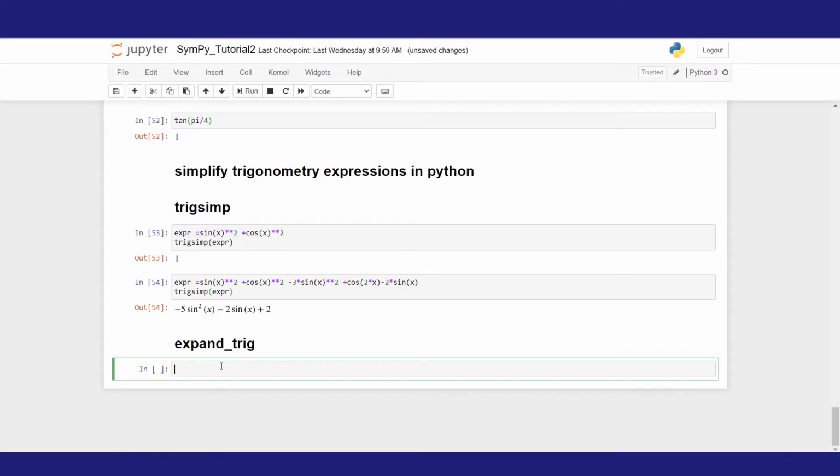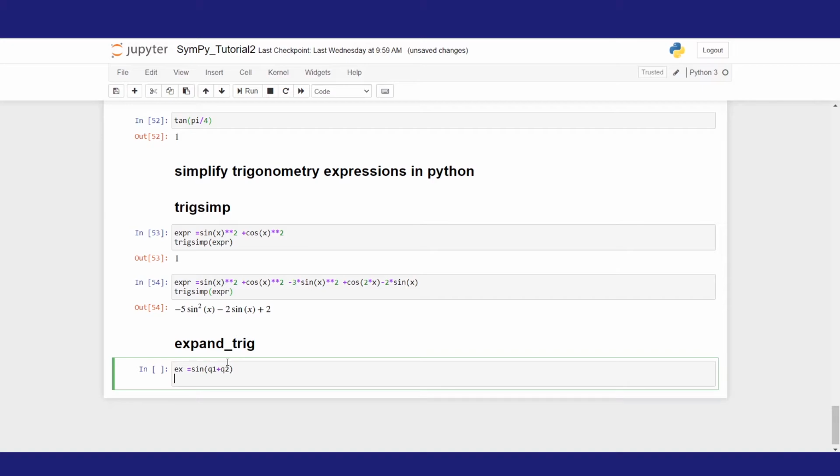So to do this, we know that we can have trigonometric expressions, for example, like sine of q1 plus q2. These are compound angles, and you want to expand that. We can make use of the expand trig function to do that for us, and let's see how strong this is going to be.